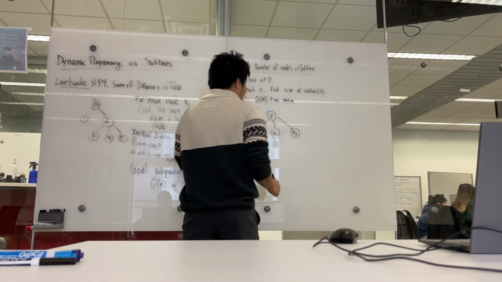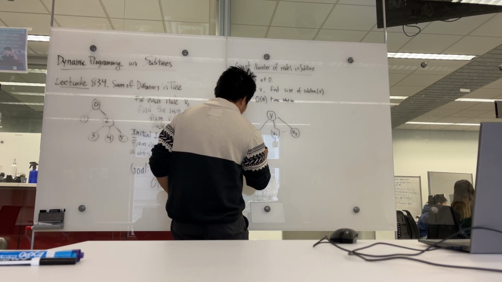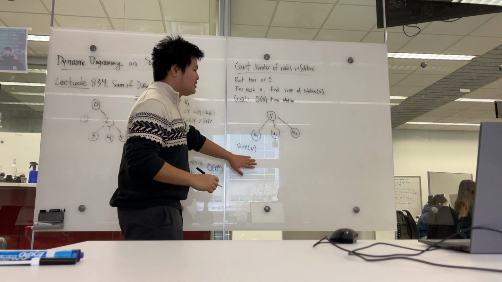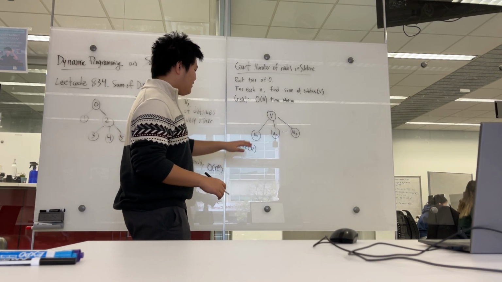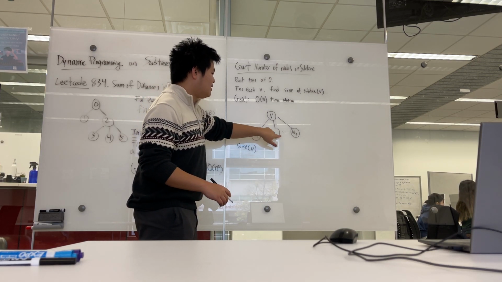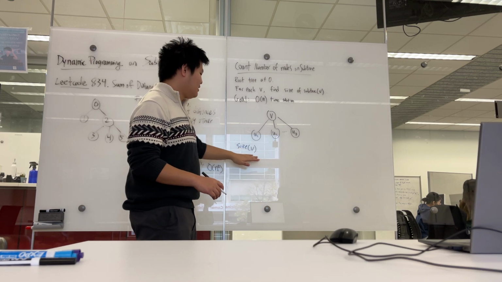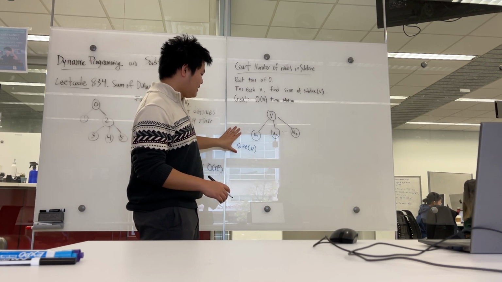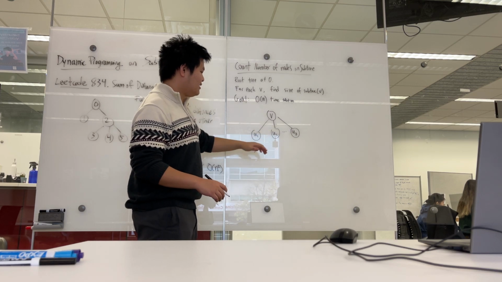Let's say size V denotes the number of nodes in the subtree. So if I already know the size of the subtrees of each of the children, U1, U2, UK, can you express the size of V in terms of those?